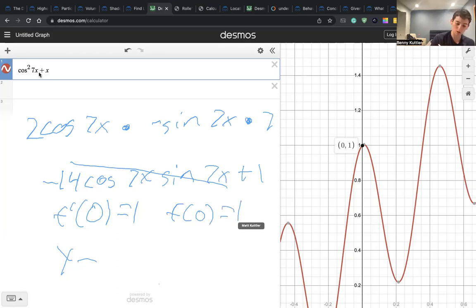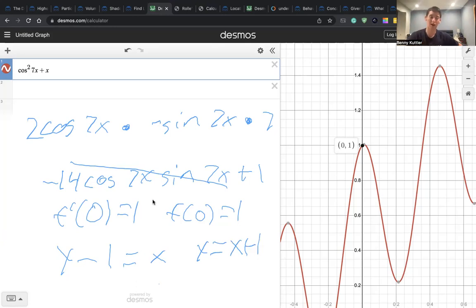So y minus y1, which is 1, equals our derivative, which is the slope of that line. We have here that it's 1, and then it's at x equals 0, so x1 is 0, so it's just 1 times x, which is x. Then we get our tangent line as y equals x plus 1.